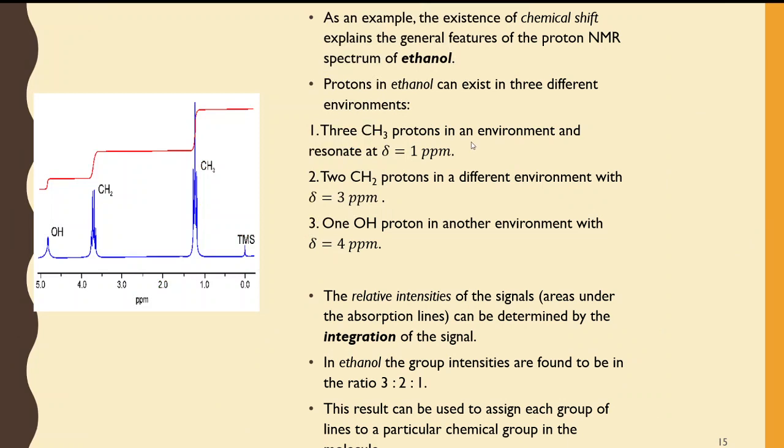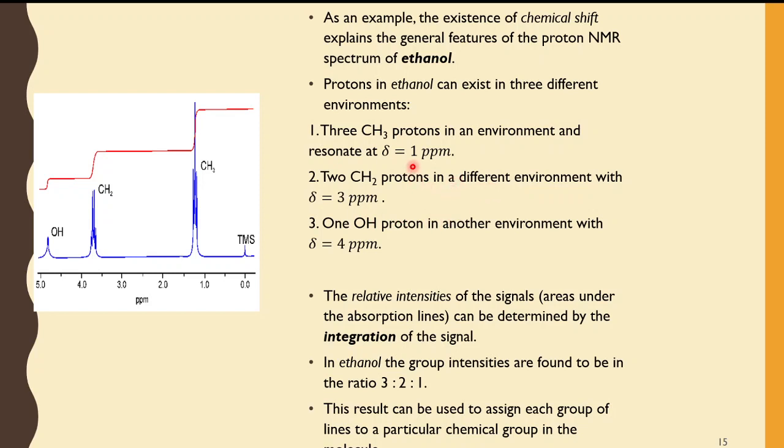What can we actually deduce from this? The classic example for a compound is ethanol, which has three different kinds of environment here. You have the CH3 protons, you have the CH2 protons, and you have the OH proton.